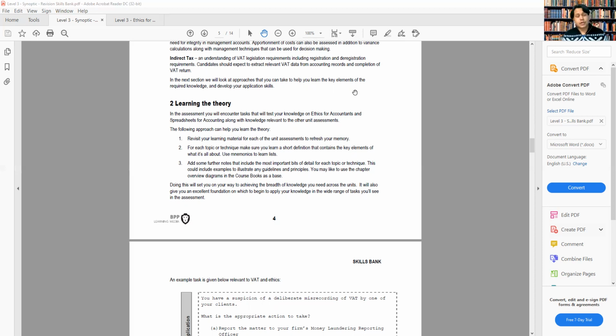So there are a few words you have to know. For example, what does explain mean? What does critically analyze mean? What does identify mean? Advantage and disadvantage. So this type of thing will be in the exam.